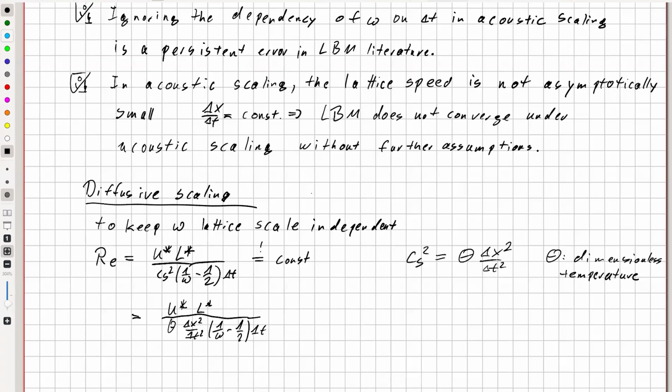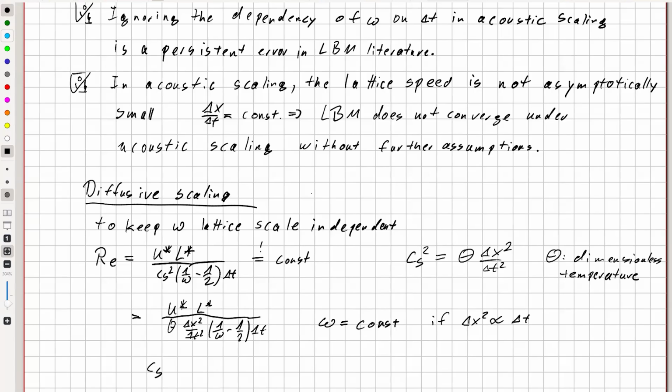So what you see here, if you want to have omega being constant, then this would be the case if delta x square is proportional to delta t. Delta x square proportional to delta t.